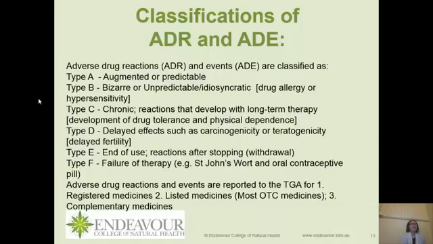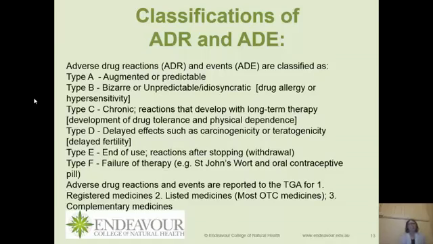Now, one other last classification that's important, because it becomes important when we look at drug-drug interactions. Type F, adverse drug reaction, a failure of that therapy. One particular interaction that we're going to study in more detail later is a herb, St. John's wort, used to treat depression, and how it can interact with the oral contraceptive pill, leading to failure of the oral contraceptive pill.